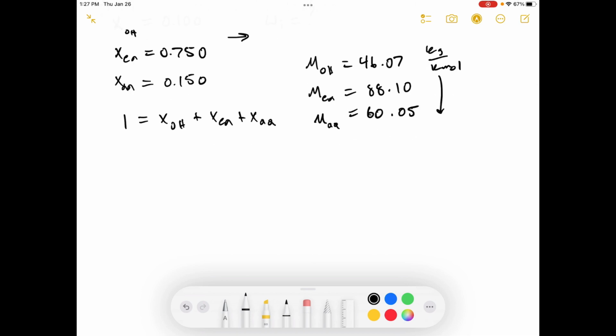If we have 1 kilomole, let's say this is all on a 1 kilomole basis, then that means OH would equal 0.1 kilomole of the OH times its molar mass.